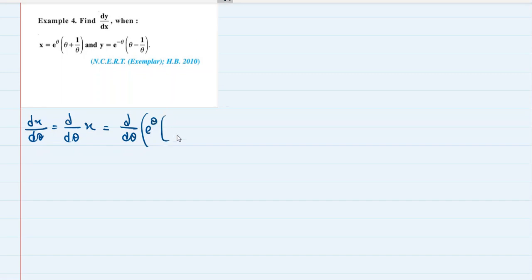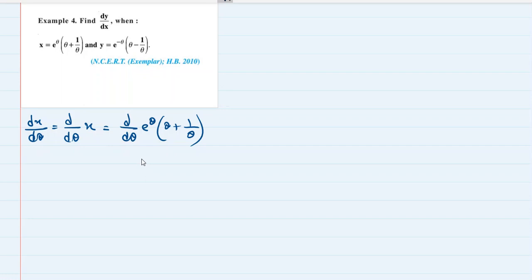e raised to theta, d by d theta of x, that is e raised to theta times (theta plus 1 by theta). Okay, so we can treat it as a product of two terms, right?